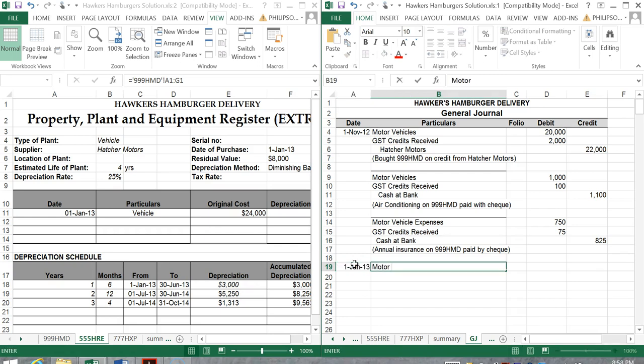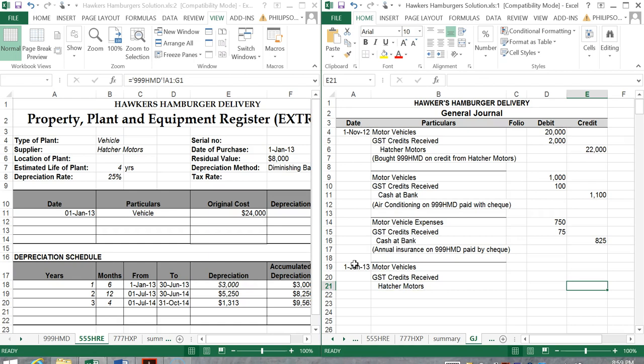Okay, so motor vehicles, GST credits received, and we bought this on credit as well from Motors.